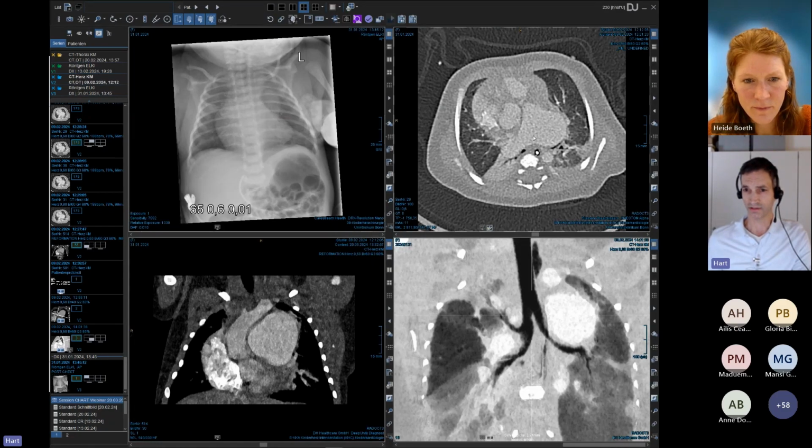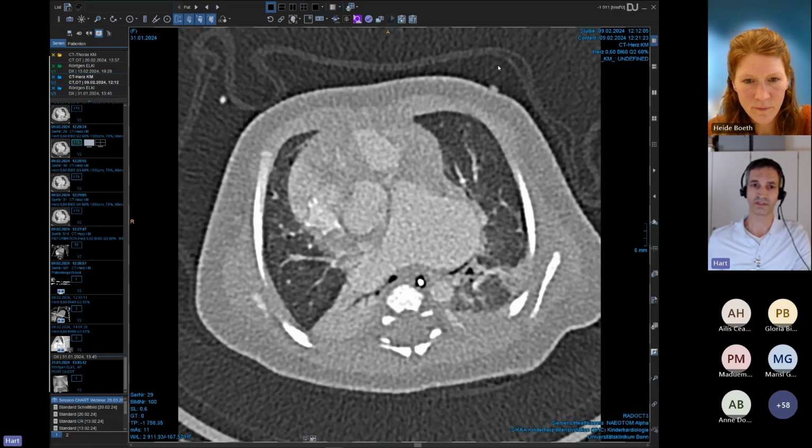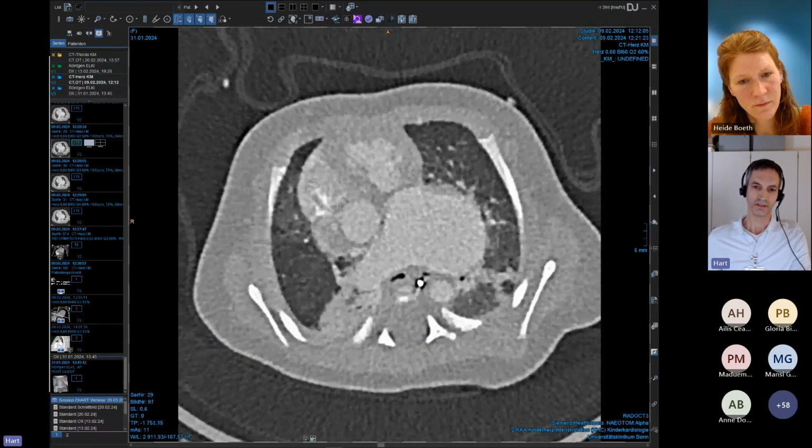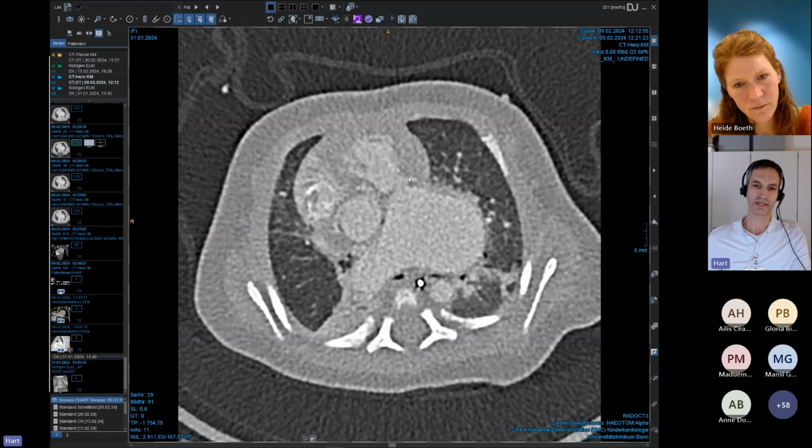And in our first CT scan, that was a few days after delivery due to deterioration of the respiratory situation. You see in the CT scan pulmonary valve here, pinhole-like, the enormously enlarged left pulmonary artery and main stem, and the right pulmonary artery here.